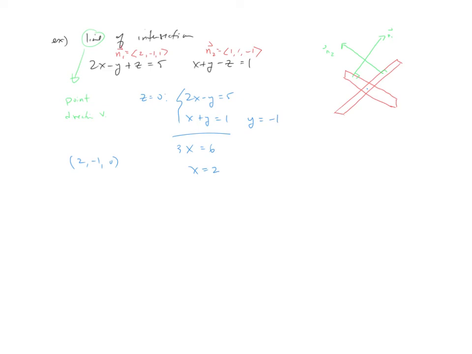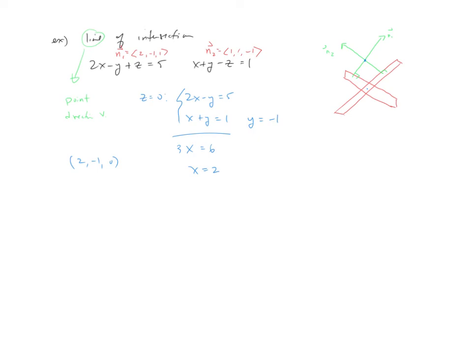Which means our direction vector would look like this as well. If you can't see what I'm doing, it's going to be this one right here coming out of the screen at us. So this direction vector coming out of the screen at us and this direction vector coming out of the screen at us, those are going to be parallel, and that's what I'm going to need for the direction vector of my line.